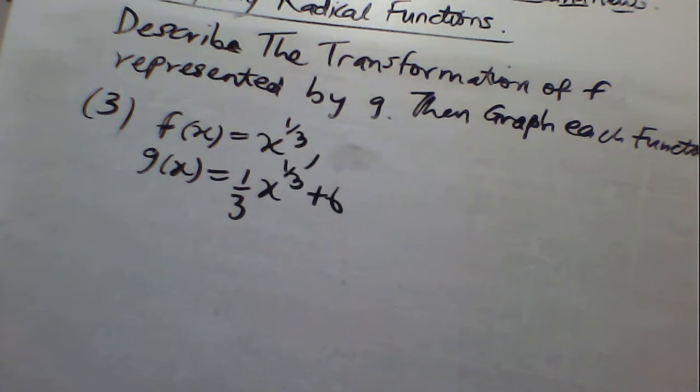So here you can now graph the function. Looking at this graph, you see that this is not like example 2 and 1. It's open. So how do you define this kind of graph?